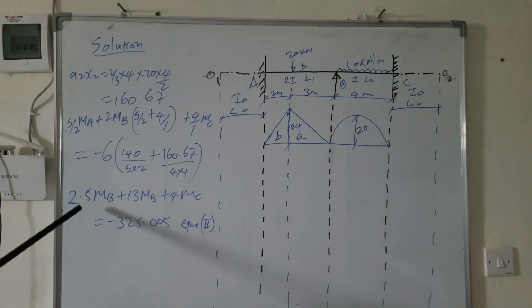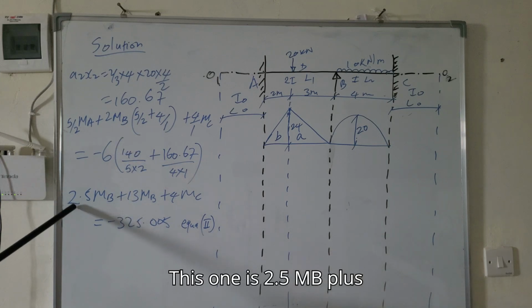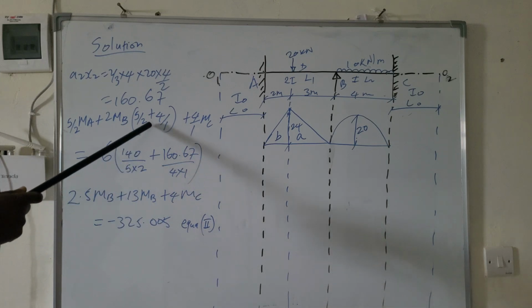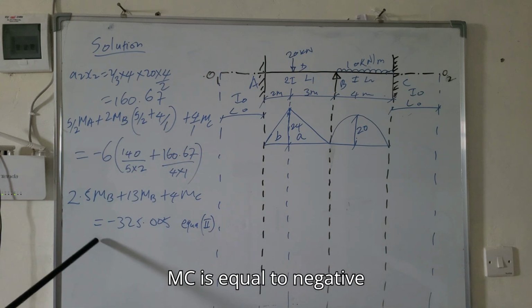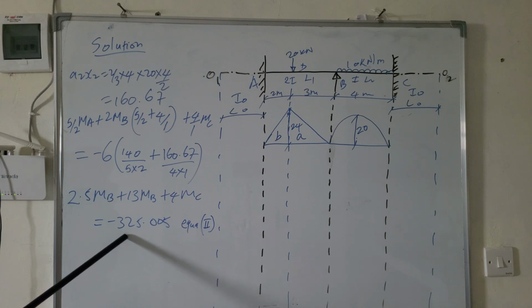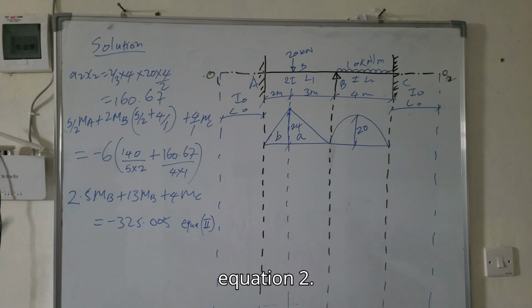Then we will simplify the equation. This one is 2.5 MA plus the whole of this is 13 MB plus 4 MC is equal to negative 325.005. So this is equation 2.